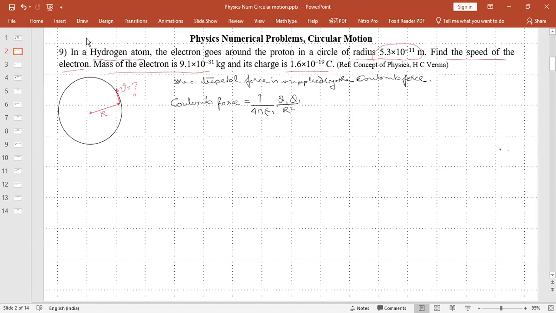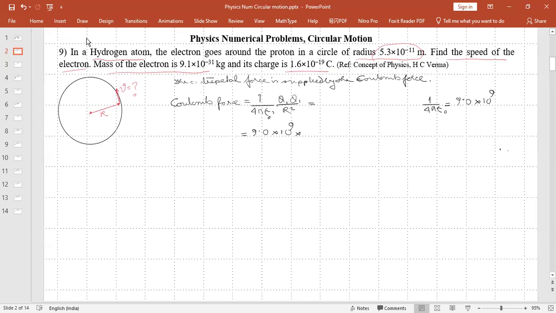And this is equal to 1 by 4 pi epsilon 0. You have to remember that the value of 1 by 4 pi epsilon 0 is 9.0 into 10 to the power 9, multiplied by Q1 Q2.